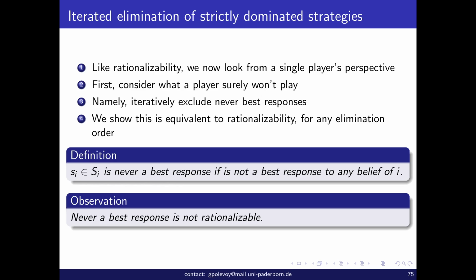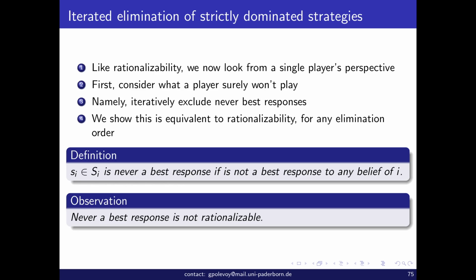So consider what players won't play, namely iteratedly exclude never best response. Now we show this is equivalent to rationalizability for any elimination order. So let's go formally. For any pure strategy, it's never a best response. If it's never a best response, it's not a best response to any belief of that player.